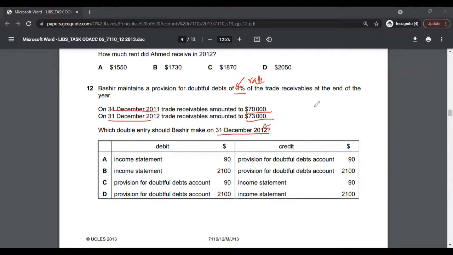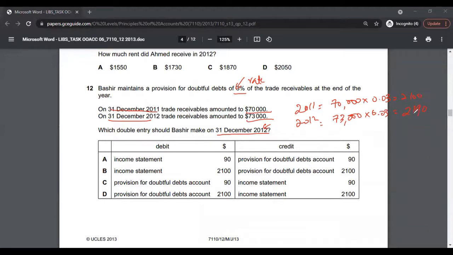So you have to calculate the provision for 2011 first and then for 2012. How to calculate the provision? That would be 70,000, which is the trade receivable amount, times 0.03 or 3%, that's 2,100. And then 73,000, which is trade receivables at 2012, times the same rate, 0.03, that comes to 2190.